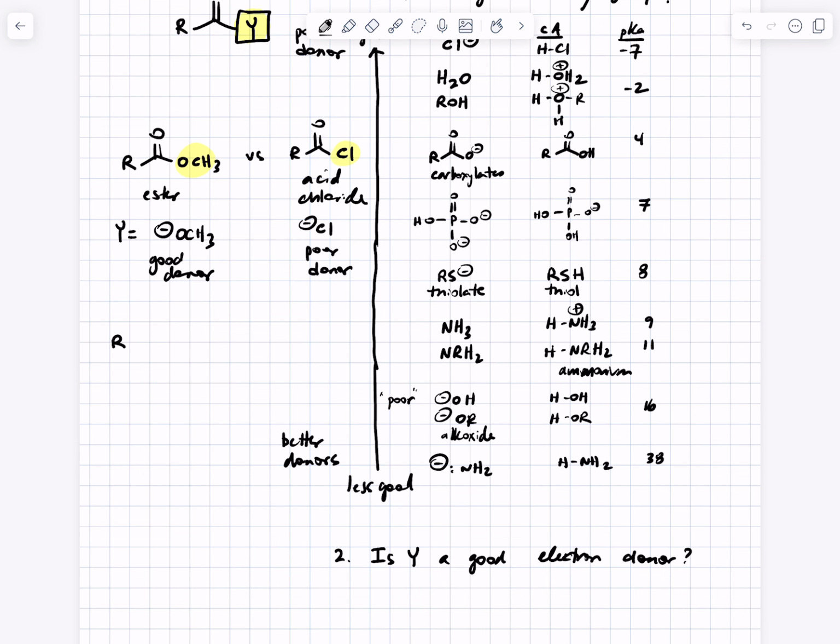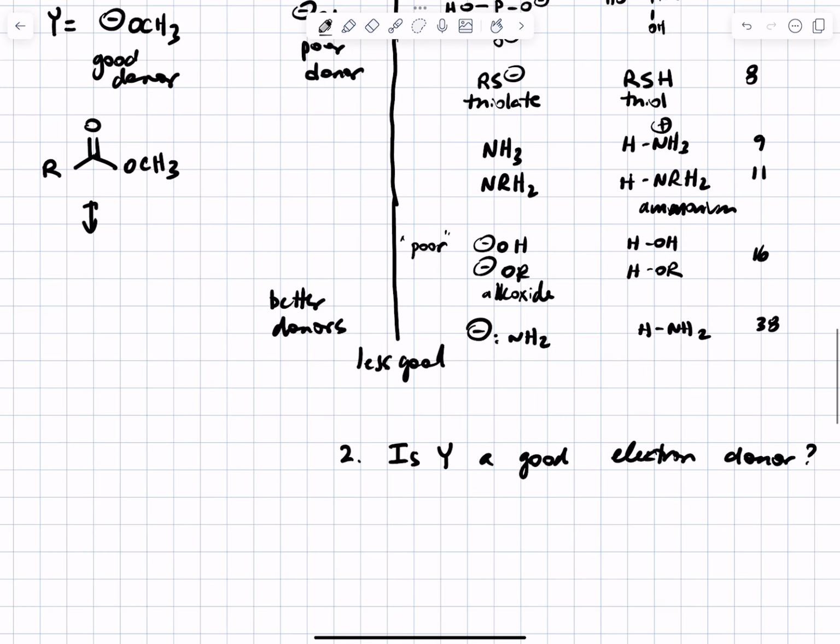Why do we care about that? Let's draw the resonance structure of the ester. Let's draw the one in which there's a positive charge on the carbonyl carbon and a negative charge on the carbonyl oxygen. And then let's notice that that methoxy Y group has a lone pair on the atom that's adjacent to the atom that's positively charged.